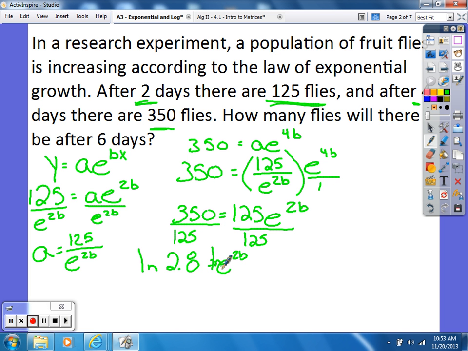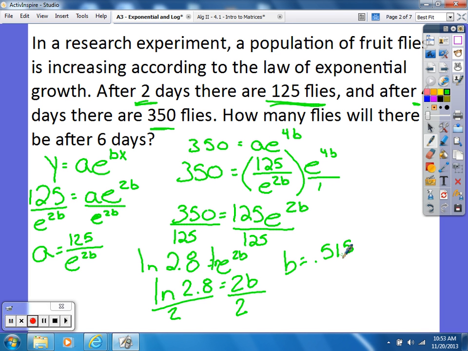Or I can change it into natural log, it doesn't matter. ln of 2.8 equals 2B. I'll then divide that by 2. So B equals, and what did we find for B? 0.515. Give yourself several decimals, because that will make this answer a lot more exact.